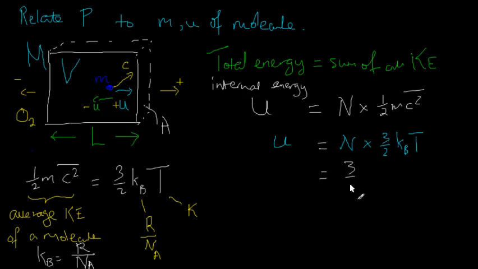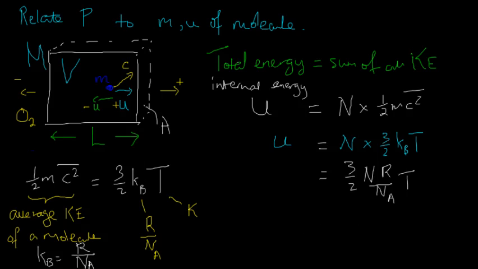So it's 3/2 N, which is that, times kB, which is R/NA, times T. Now N/NA, number of molecules over Avogadro constant.